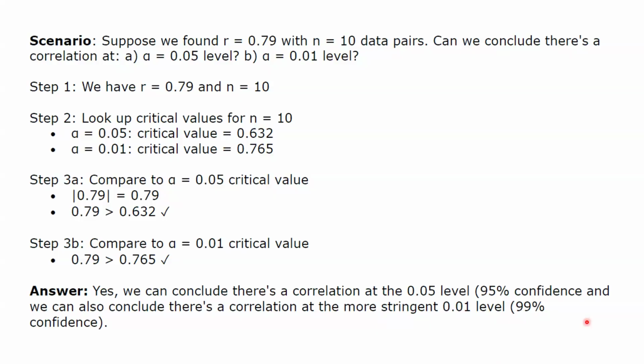Significance just tells you the relationship is real, not necessarily that it's strong. And finally, even if the correlation is statistically significant, it still doesn't prove causation. Just note that correlation does not equal causation. There could be other explanations for why two variables move together.